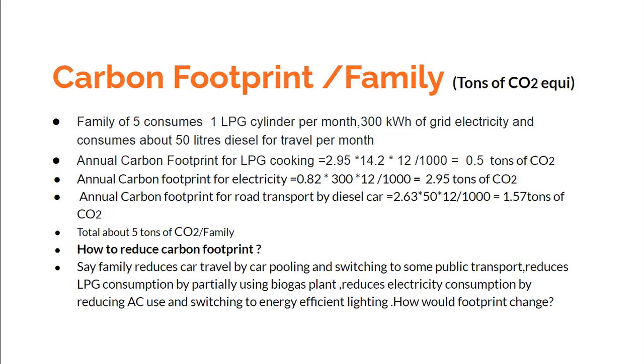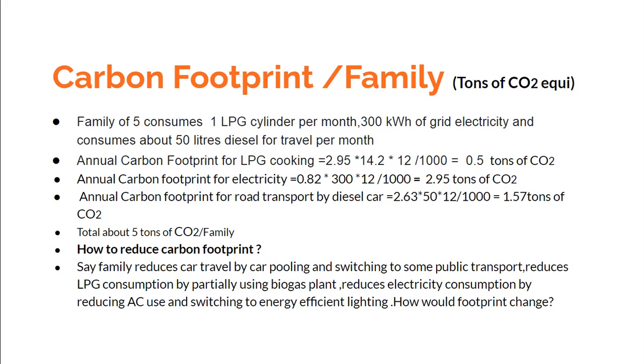Let us say that this family consumes grid electricity and does not have an off-grid connection. That grid electricity comes majorly from a coal-based power plant, and the consumption is typically 300 units of electricity per month. Again, for annual consumption, we need to multiply it by 12.